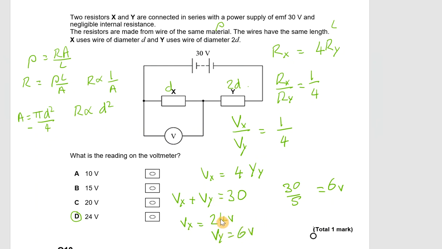You can do a quick check that 24 plus 6 adds up to 30, and that 24 is 4 times 6. So either way, the voltmeter is reading the PD across X, 24 volts.